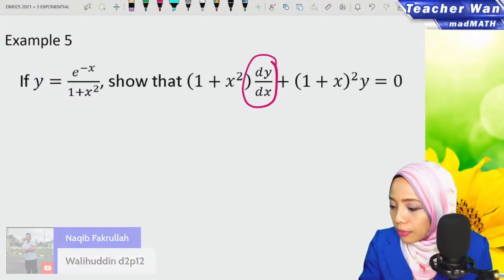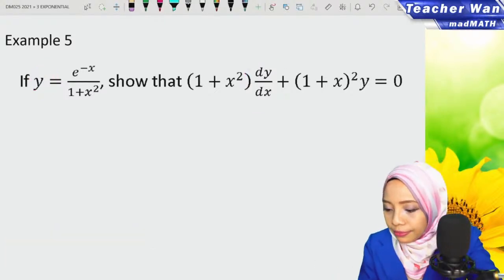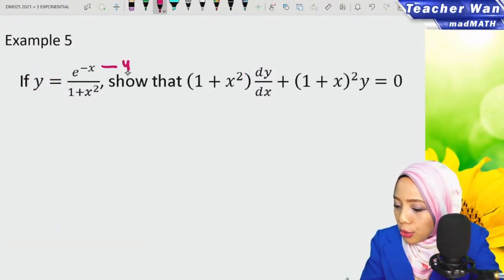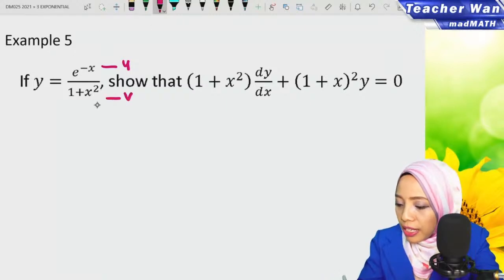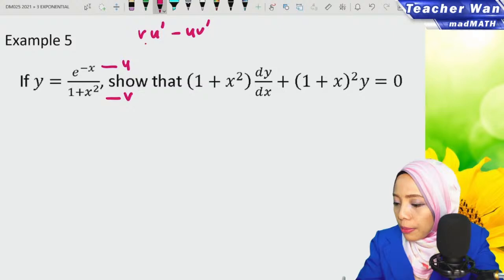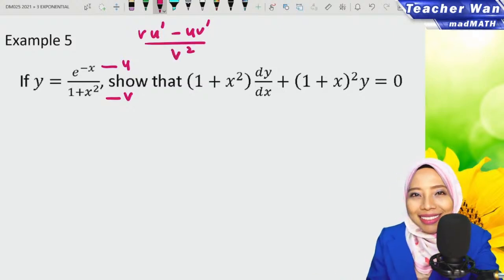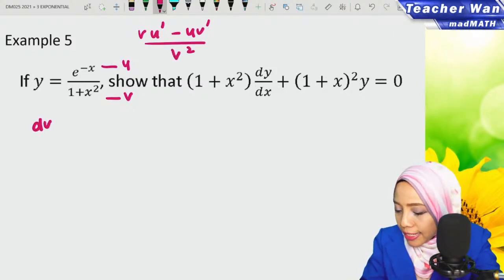Okay, so now, this is U, this is V. So V, U prime minus U V prime over V squared. So dy over dx.